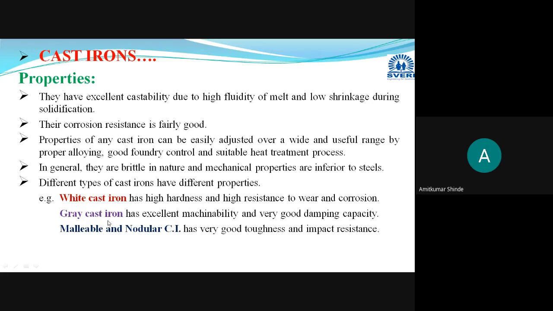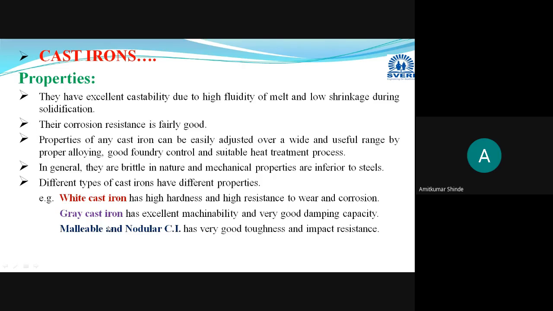Suppose you want to manufacture a component which requires excellent machinability and very good damping capacity, then you can go for the gray cast iron. And suppose you want to manufacture a component having very good toughness and very good impact resistance, then you can go for the malleable or nodular cast iron.